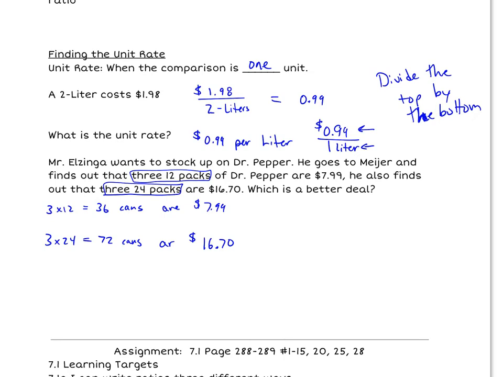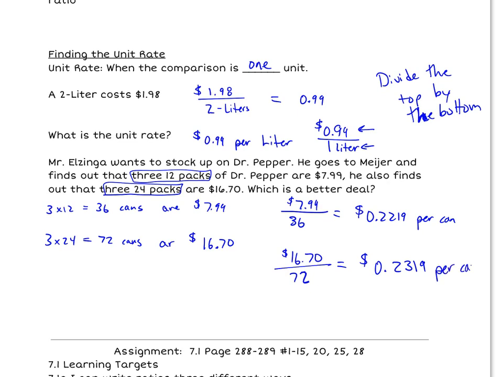Obviously, I get more cans when I buy 3 24-packs, but what is the price per can? So you would set up to find the unit rate. So we would go $7.99 divided by our 36 gives me 0.2219 per can. And my $16.70 divided by 72 cans, because the 3 24-packs is 72 cans of Dr. Pepper, equals 0.2319 per can.